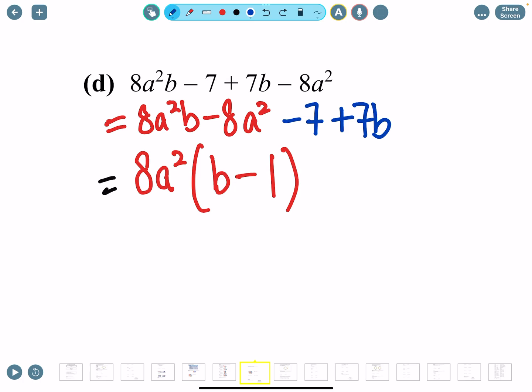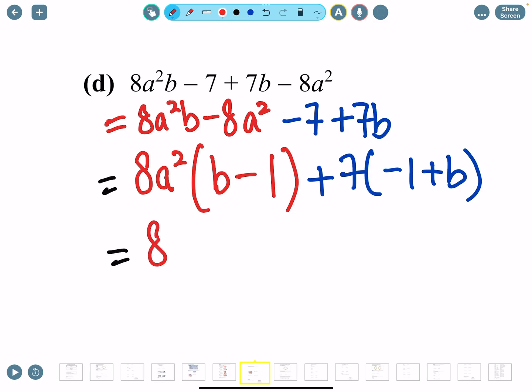Next. So if I factorize 7 out, I would have negative 1 here plus b over here, right? So now we actually have the same bracket, just that the b has to be in the front for the blue one.